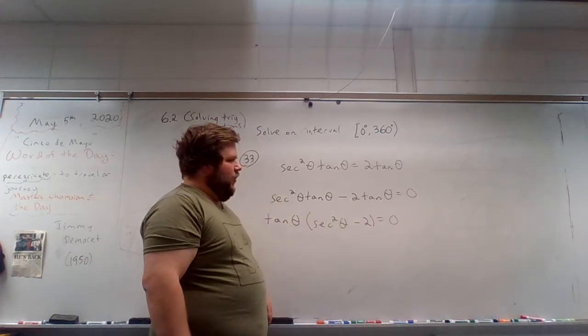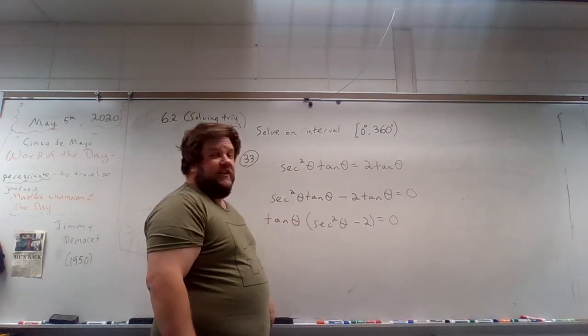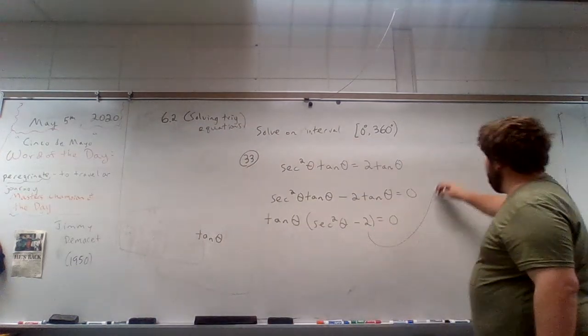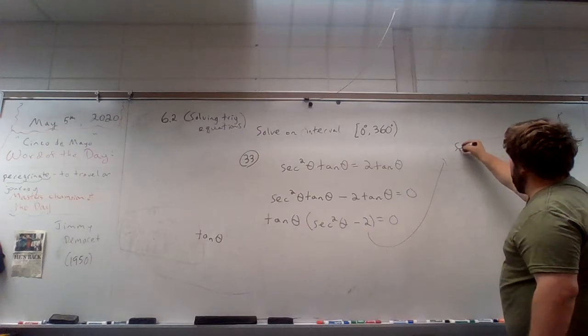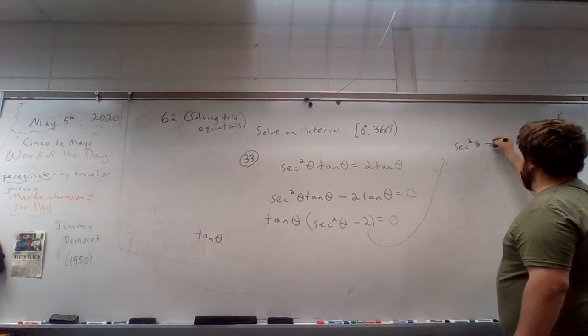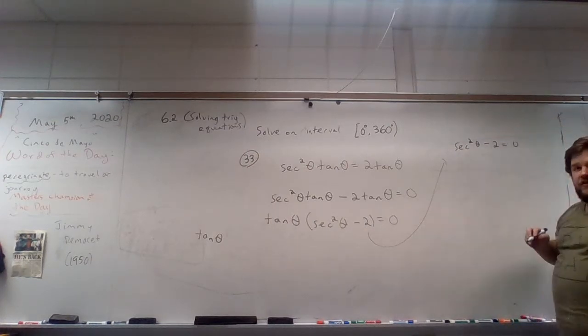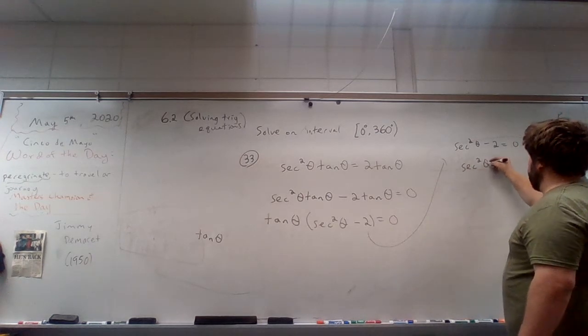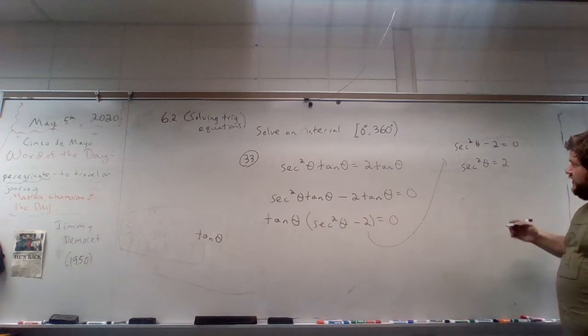It's not over the integers. It's not a difference of perfect squares. I mean, what I could do is I could take this equation, this secant squared theta minus 2, and I could set it equal to 0 like that. And I could add 2, and I could take the square root.